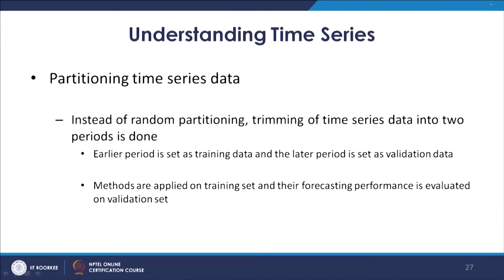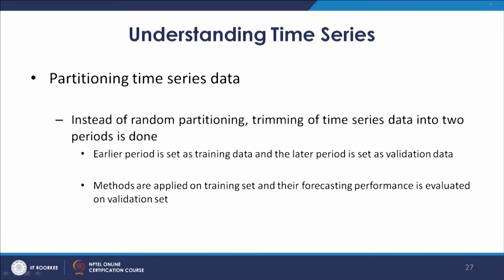defeat the main purpose. So, in time series, instead of random partitioning, we actually trim the time series data into two periods. The earlier period is set as training data, and the later period is set as validation data. The earlier period is used to train the model, to build the model, and the later period is used to evaluate the performance of the model.